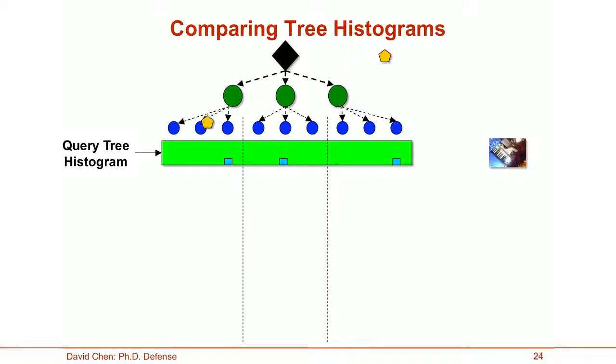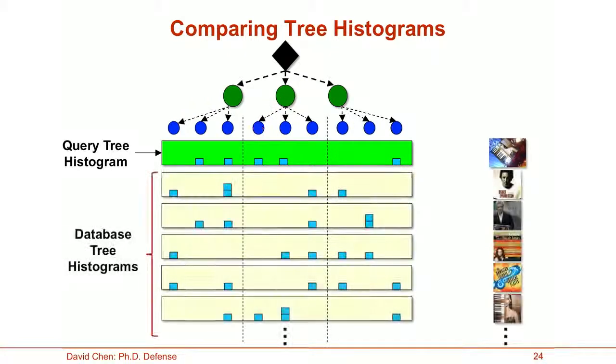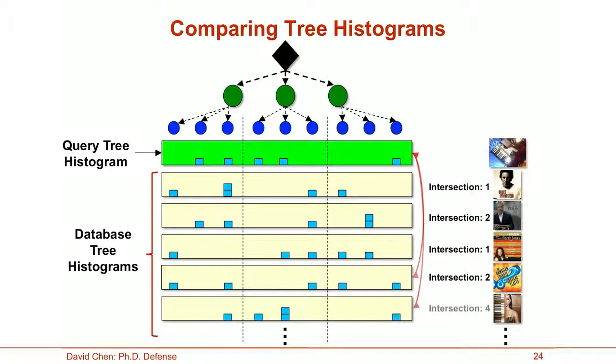After all of the features have been quantized and cast their votes, we take the complete query tree histogram and compare it against a set of pre-computed database tree histograms. We compare the histograms in terms of their histogram intersection score, and the database image with the highest intersection score is judged to be most similar to the query image.